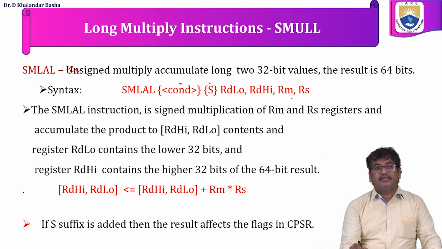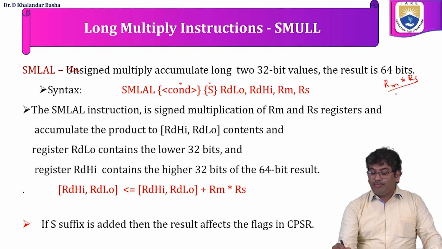RDLO, RDHI, RM and RS. So this instruction, first it will multiply the two 32-bit values which exist in RM and RS. Whatever the product, which is of 64-bit size, that will be added to the previous register contents of RDHI, RDLO.